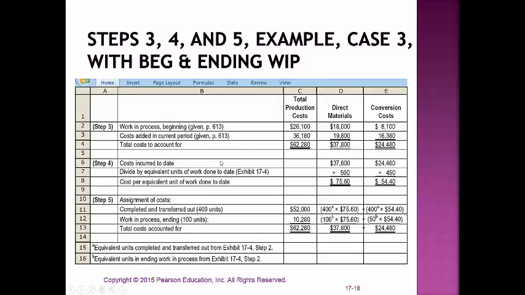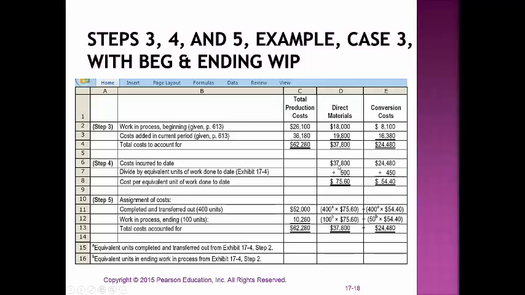Going down to step 4, we need to calculate our cost per equivalent unit. Therefore, we're going to take the cost incurred to date, which is the total amount incurred to date, which includes the beginning work in process cost plus the cost added this period.